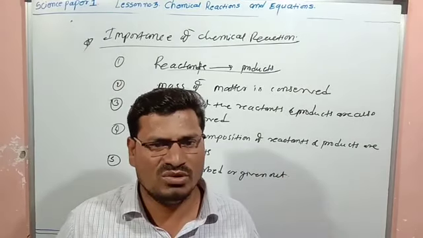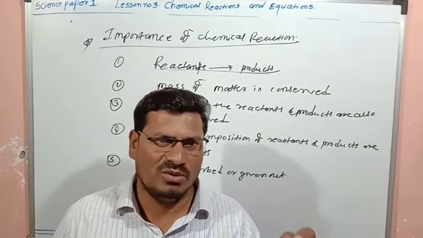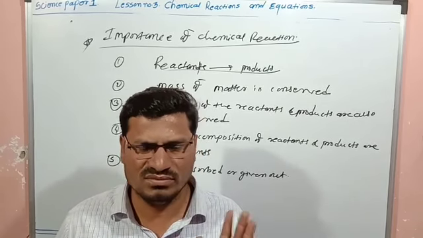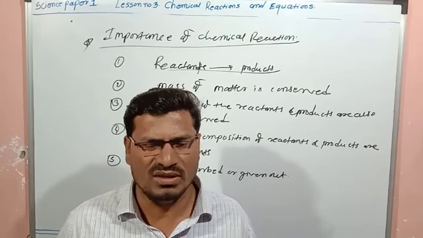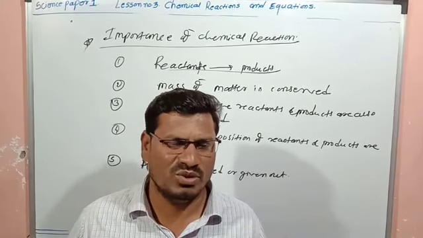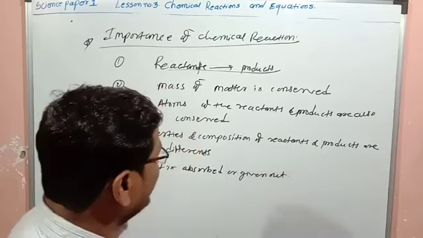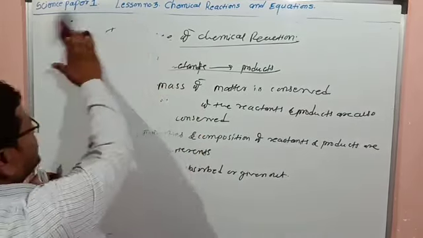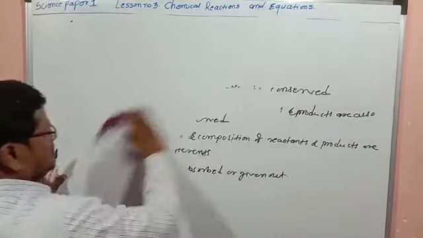After this we are going to learn about one activity, how the law of conservation of mass works. Before this we have studied. So one activity, one reaction we are going to study.